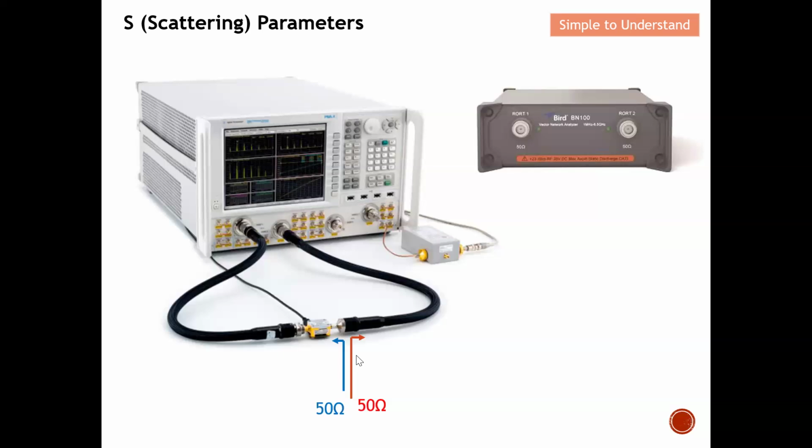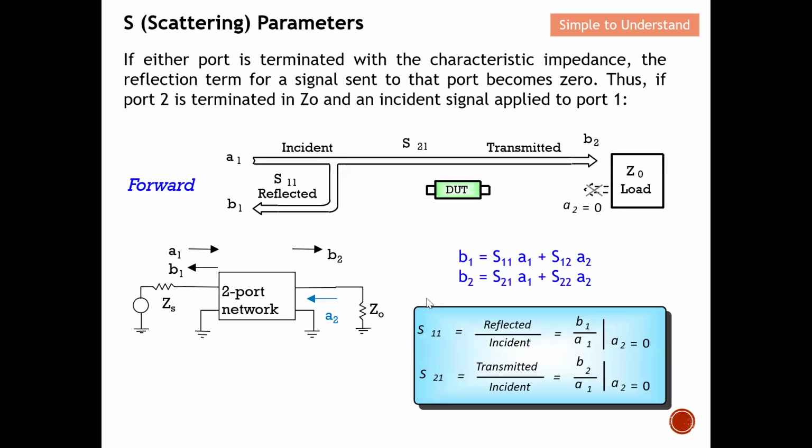Let me come to this on my next slides. This is my next slide, which I illustrated earlier. Why? Basically this is the equation here. So as to ensure that A2 equals 0, I need to add this characteristic impedance of 50 ohm over here. Remember, this is the known source or incident wave. At the output, I will have my output wave and also the reflected wave at the input here.